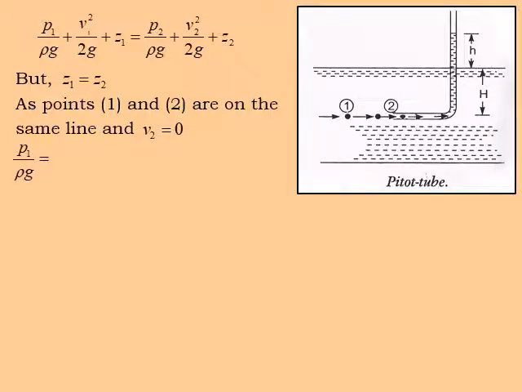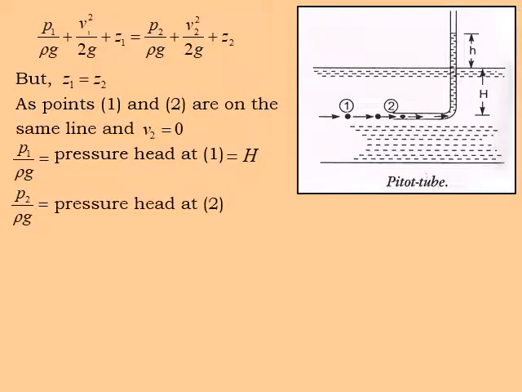Now P1 by rho g is the pressure head at point 1, which is denoted by letter H. P2 by rho g, the pressure head at point 2, is equal to H plus small h.